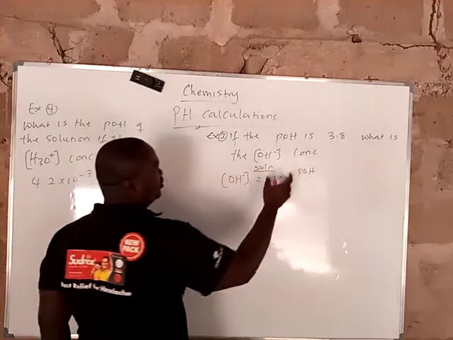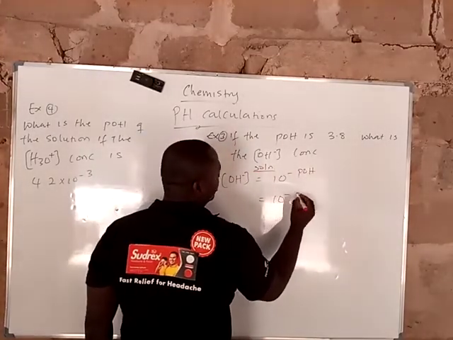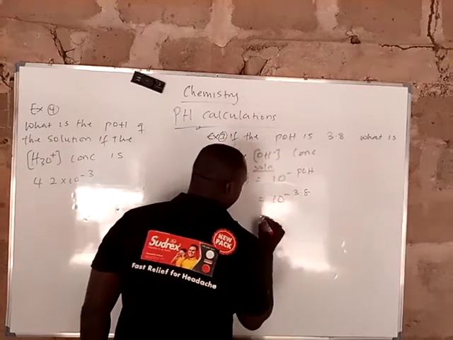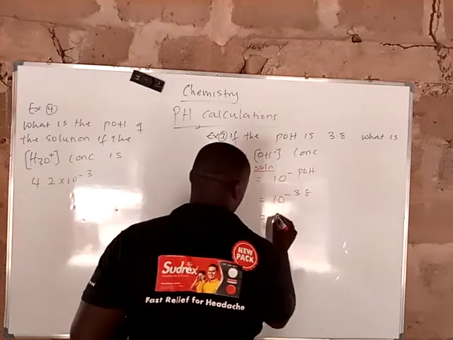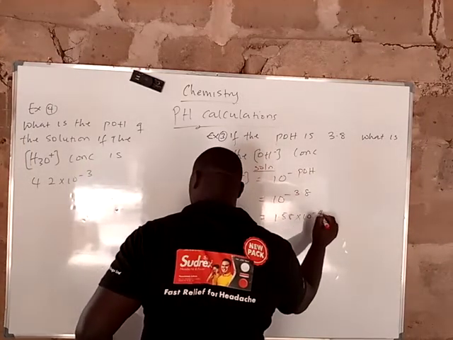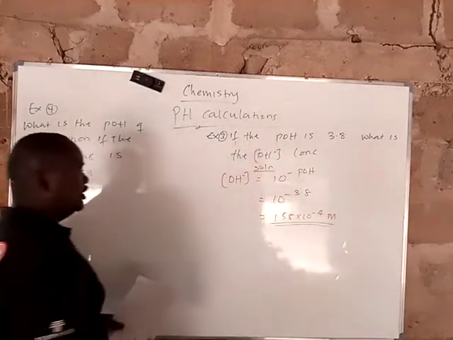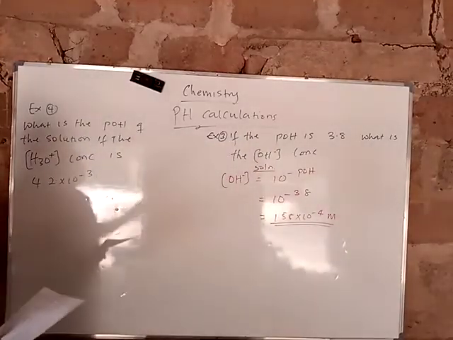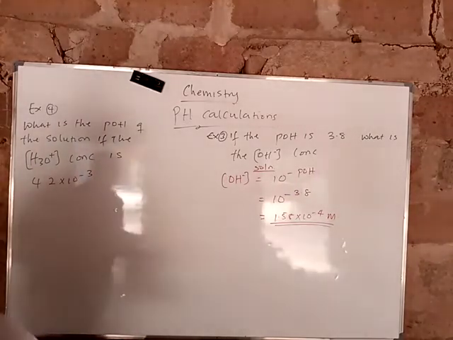All you need to do is insert this and your answer will flow naturally. So 10 raised to the power of minus 3.8 will give you an answer of 1.58 times 10 raised to the power of minus 4. That is your answer. This is so easy. Once you master the formulas in our part 1 video, the part 2 video is going to be like child's play to you.